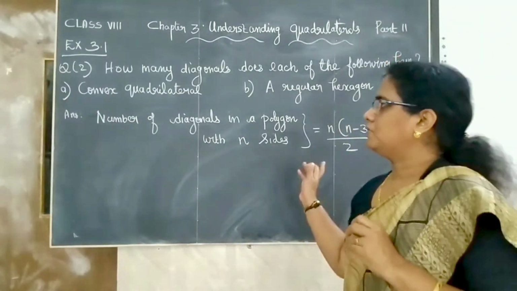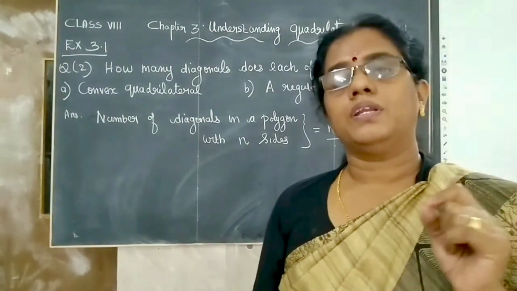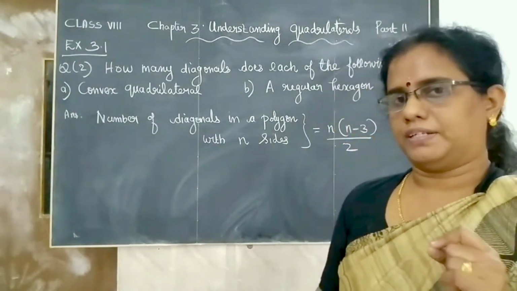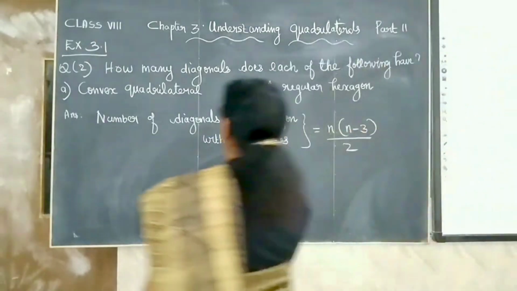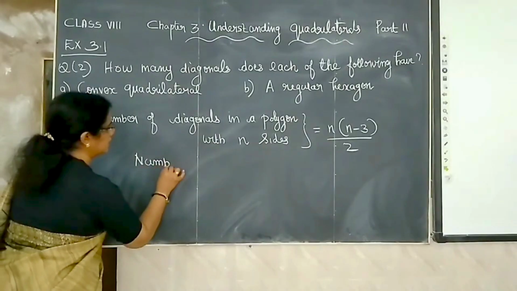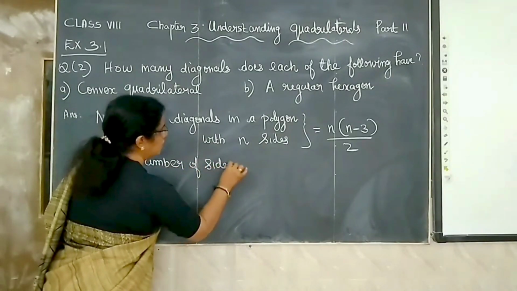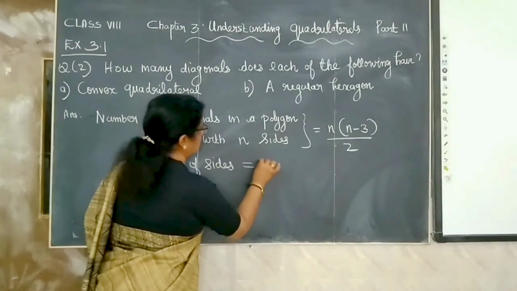Therefore the number of sides is 4. Now we have to find the number of diagonals. So first we can write the number of sides in a convex quadrilateral, that is equal to 4.